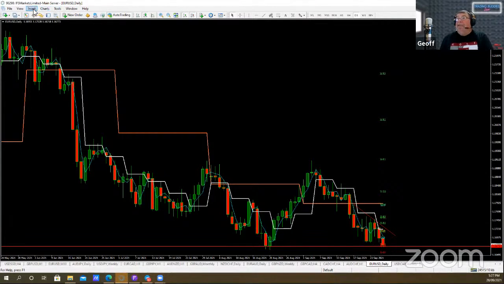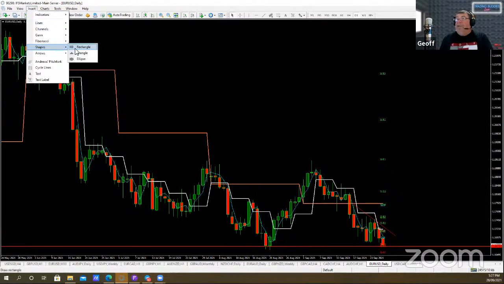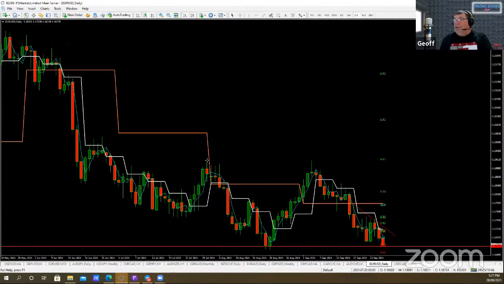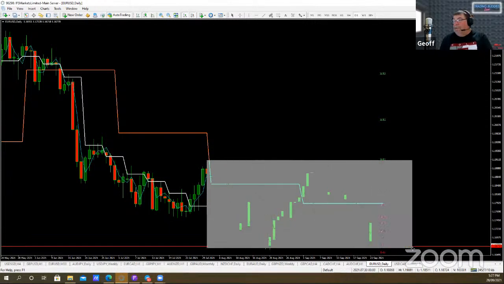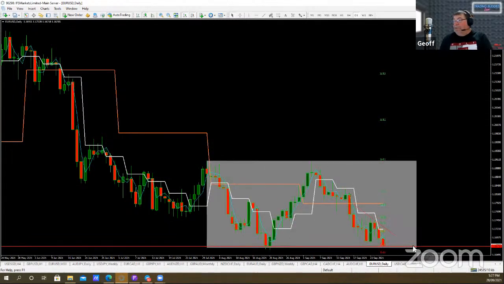It has given me the indication that this range is now possible, because we do have two clear lows, we do have two clear highs, and to my mind, that is the beginning of a range. It may be decimated in the next 5 minutes or the next 5 hours, who knows?